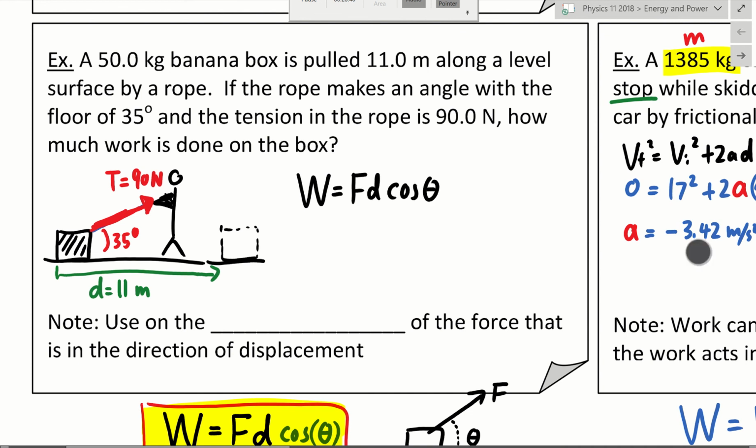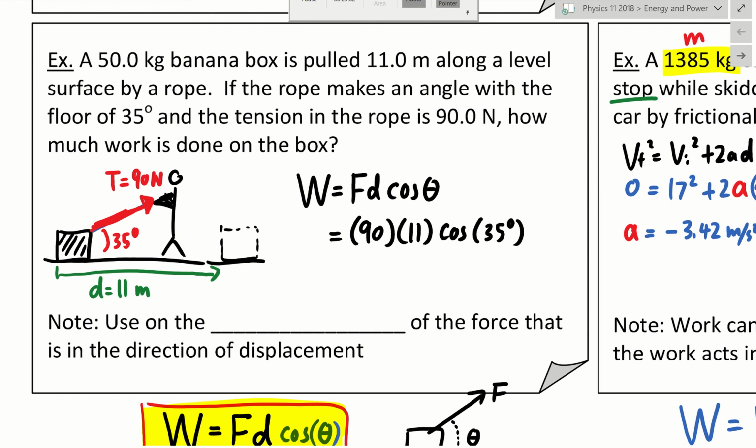Now you will need a calculator for the angle part, even if the force part is easy. So the force is 90 Newton, the distance is 11 meter, but you definitely cannot do the cosine 35 in your head, even if you can do the first two, right? Cosine 35 degree. Don't expect yourself to do it in your head. It's okay. Take a calculator and do it from there. So it will turn out to be 811 joules.